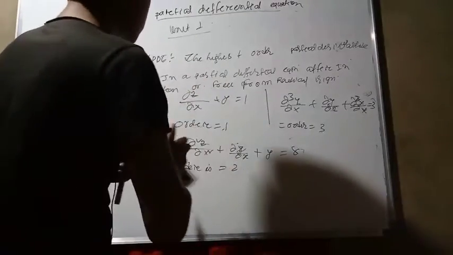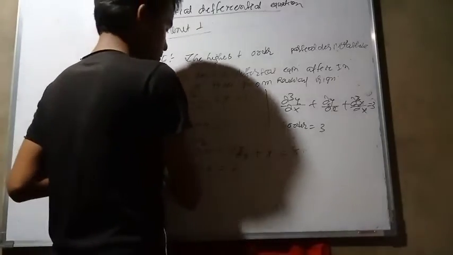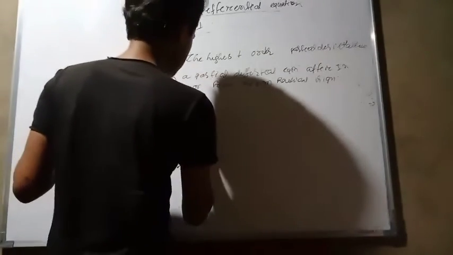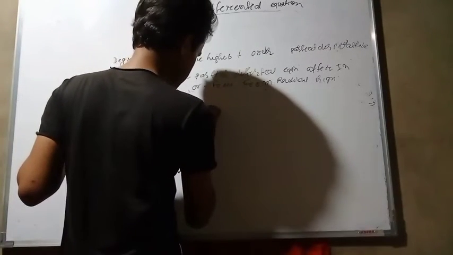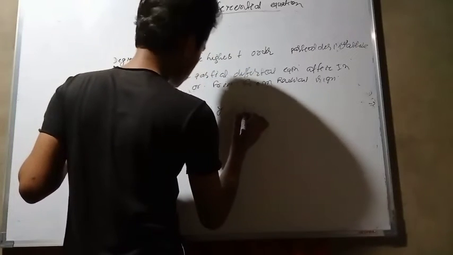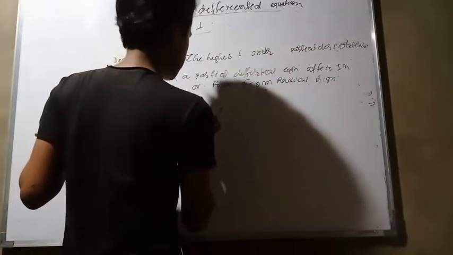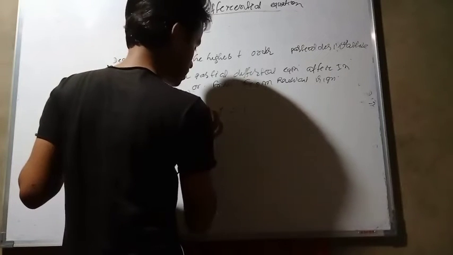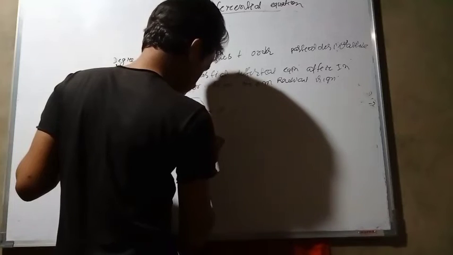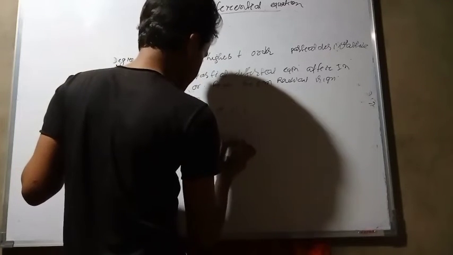Here I am explaining how this works. Suppose I take the question dz/dx + y = 1. The highest partial derivative occurs one time, so the degree is 1.